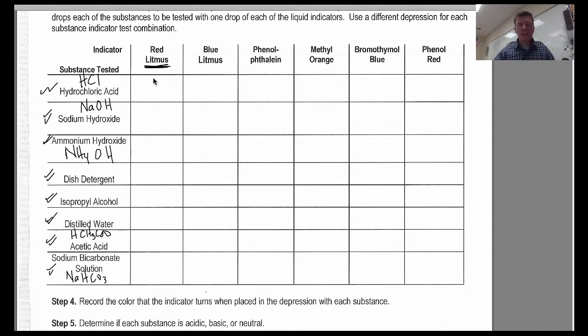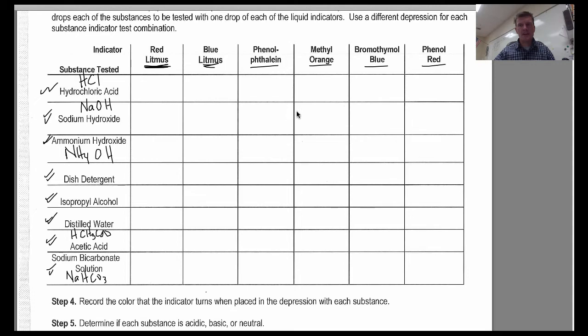It's red and it's going to turn blue if the substance is more basic. Here we have blue litmus paper. Again, it's a piece of paper coated with a chemical, and it's going to turn red if it is more acidic. Phenolphthalein, methyl orange, bromothymol blue, and phenol red. Those are 4 indicators that are going to be in solution form, and you'll see how they turn colors.